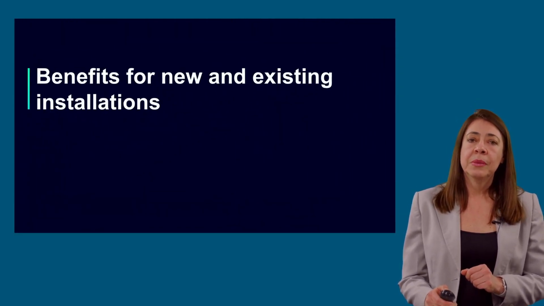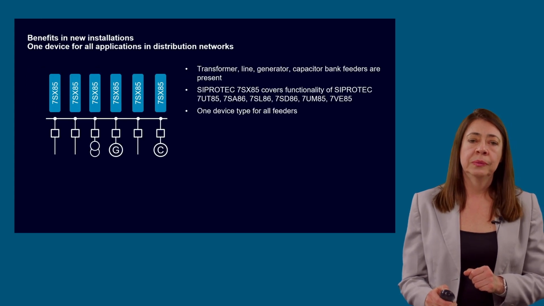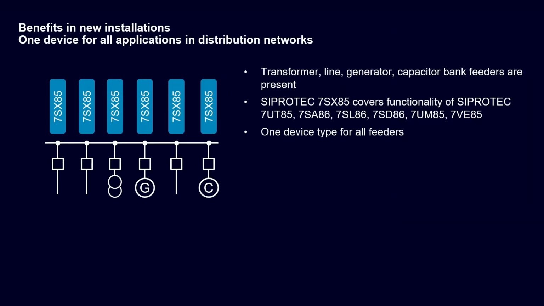Now, let's see the benefits that universal devices can bring to your new and existing installations. In distribution networks, we normally find transformers, lines, generators, capacitor banks. All these protection types can be covered by the SIPROTEC 7X85.